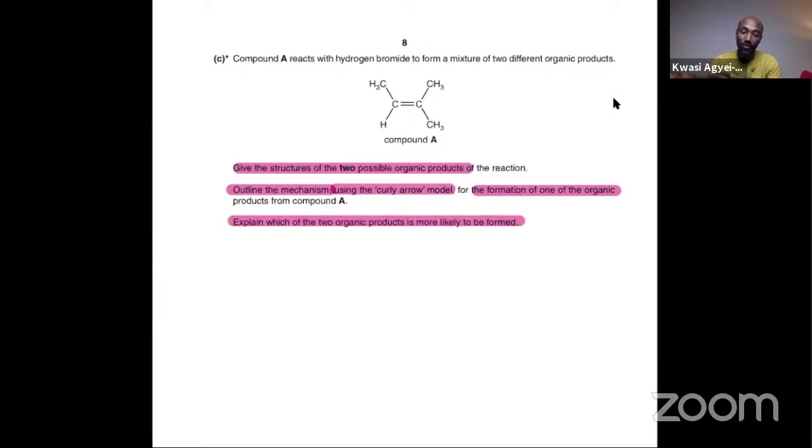So if we look at our compound here, if we have CH3 and it is reacting with hydrogen bromide, worth highlighting that as well. So reacting with hydrogen bromide, you could potentially form a C-Br bond there, and so this would be one possible product.